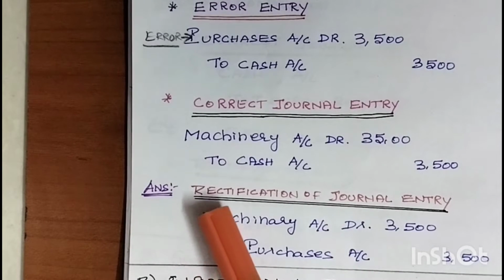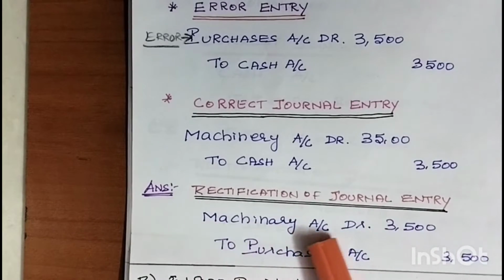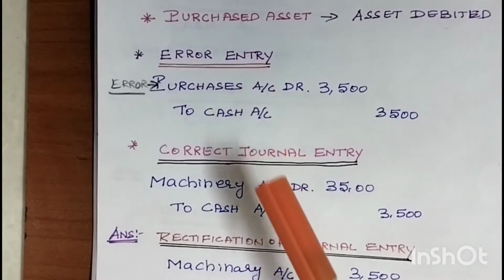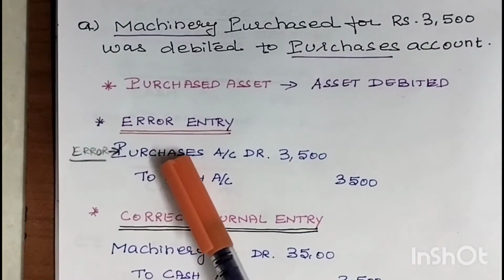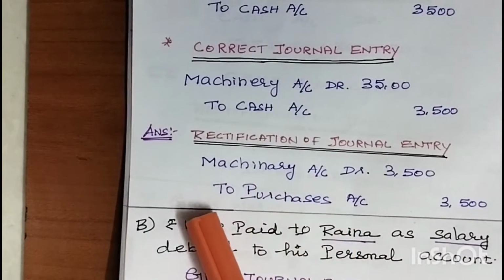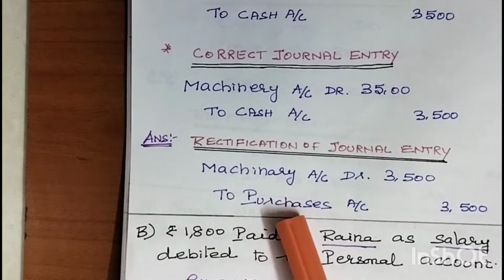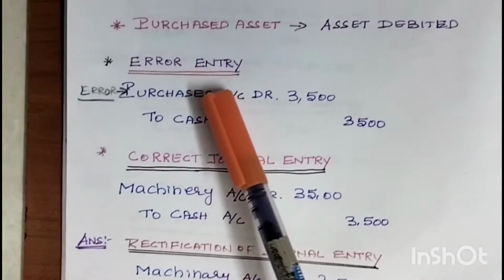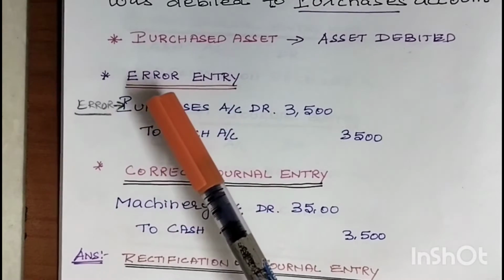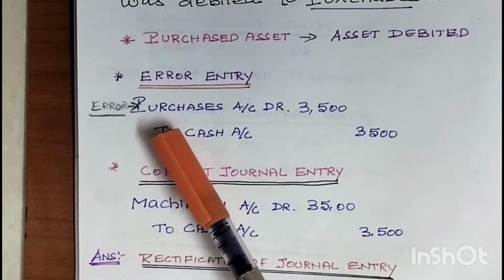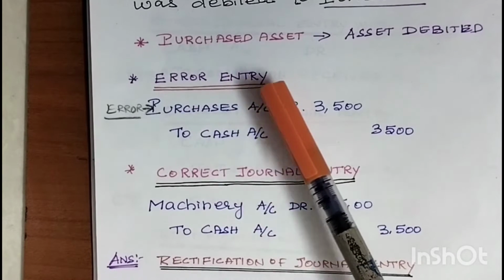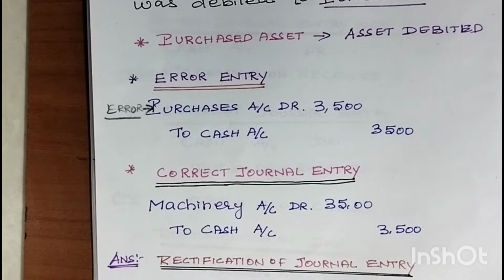So the rectification of the journal entry is machinery account debit, and the error account will be credited. The error account is on the debit side, so it will be credited. Then only is the error rectified. When it is debited, it will be credited. For example, if the error account is on the debit side, we have to reverse it to rectify this error.